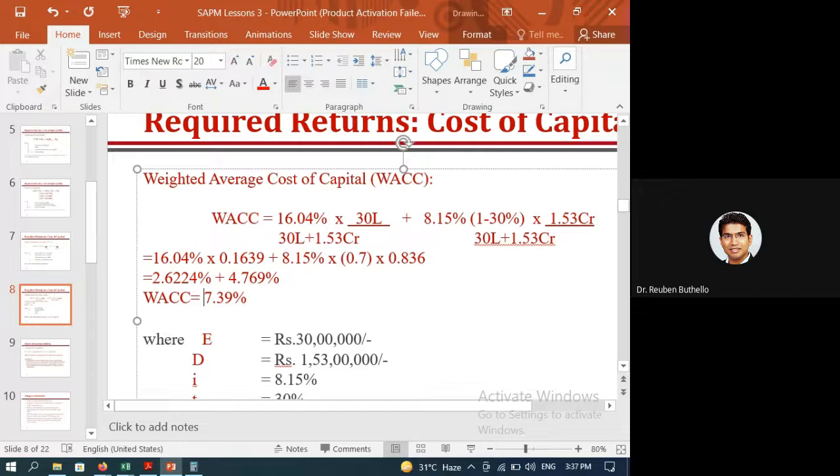In the long run, maybe something else, but right now, when I look at apples to apples, isn't my equity more expensive? They expect me to pay them 16% per year. If I don't, then I'm in a whole lot of trouble. But the guys from the bank expect me to pay only 8.15%.